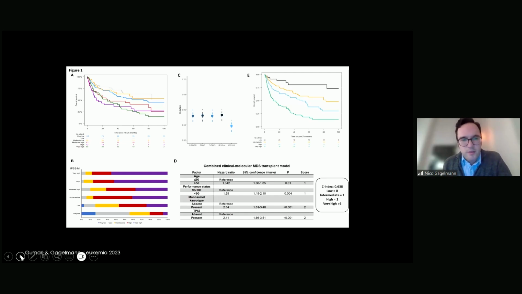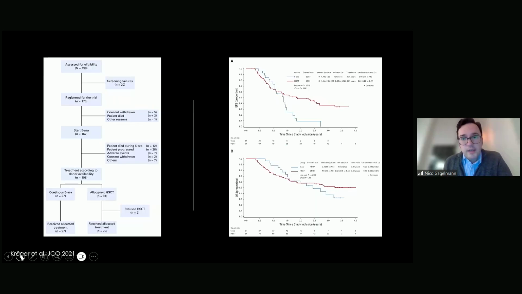So on the one hand, we have the very high-risk IPSSM, and then we know only TP53 mutation really plays a role. So both of these patients, in general, have a clear indication for stem cell transplantation, and both are, in my opinion, eligible. And this has also been talked about. I cannot say anything more.